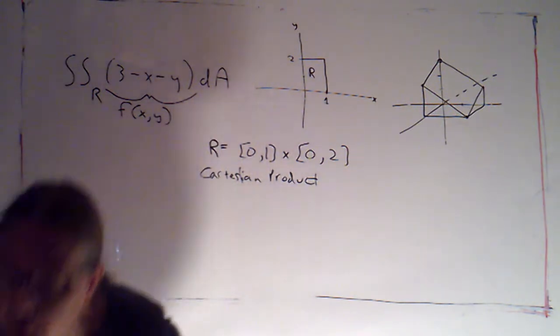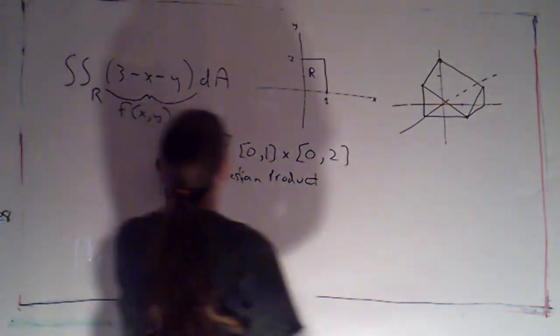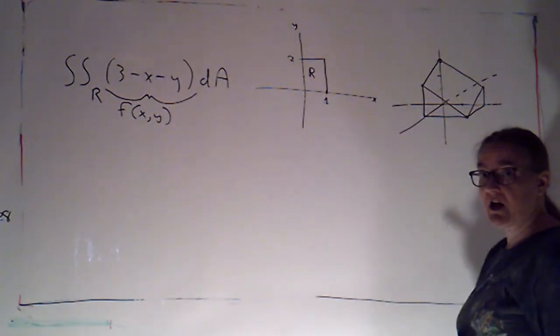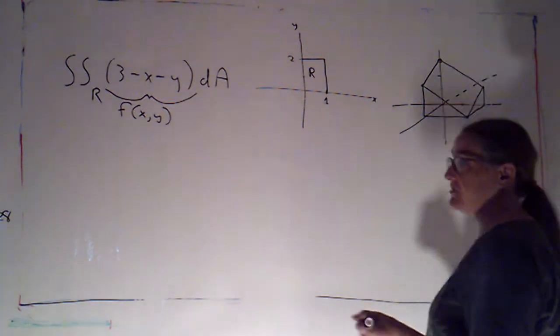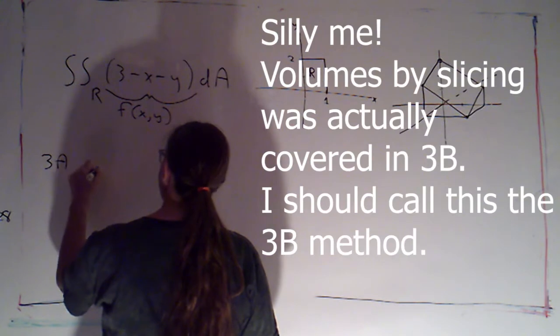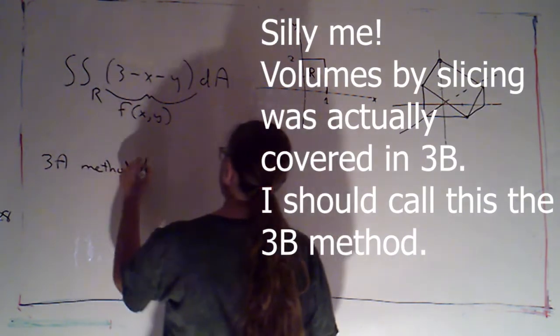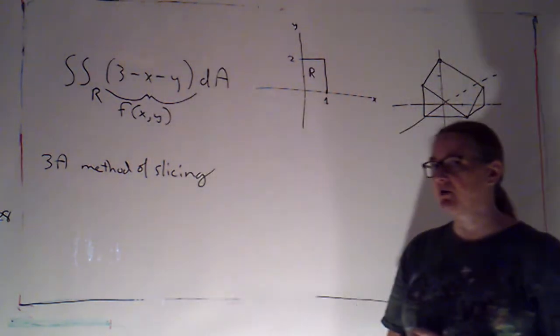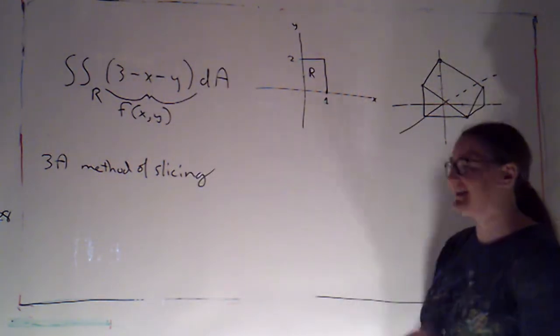In particular, you learned the method of slicing. So I'm going to calculate this volume using what I'm going to just call the 3A method of slicing. And then we'll see if we can generalize that and develop the 3C method.